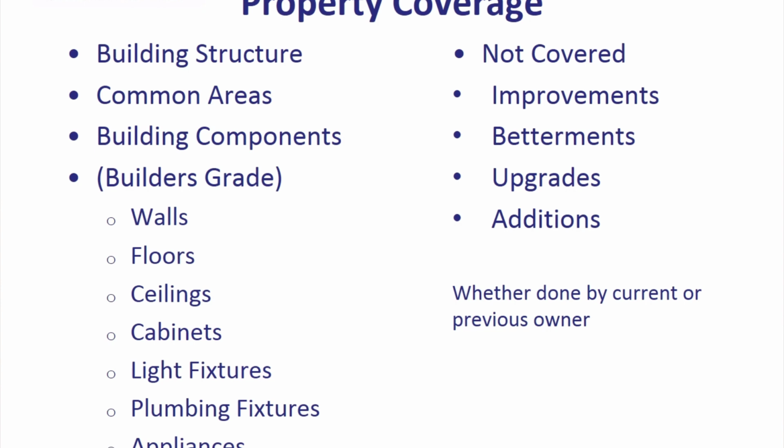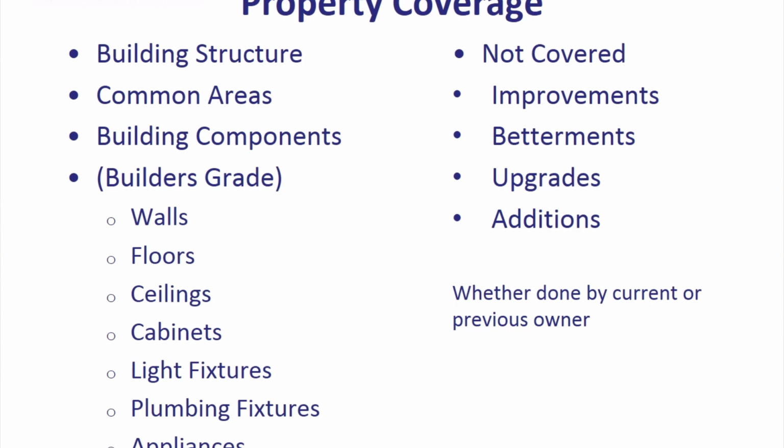If it's replaced as builder's grade, certain things aren't covered, such as improvements and betterments, upgrades, and additions, whether done by the current or previous owner, which we'll address on the HO6.